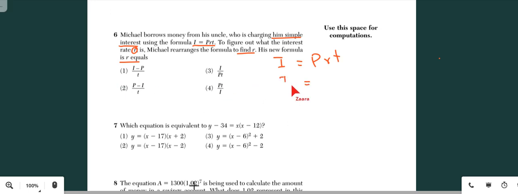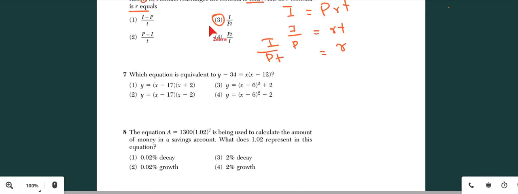Take P to the other side, it goes down, 1 over P. So R will become equal to I over PT. So we made R our subject.